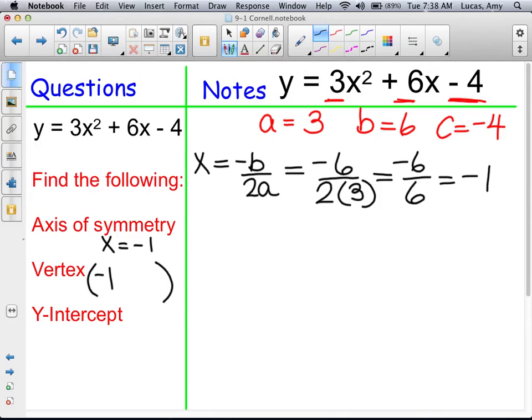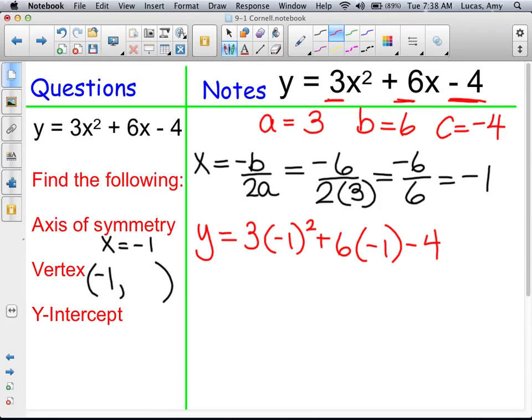That is also the x value of the vertex, because the vertex lies on your axis of symmetry. To find the rest of my vertex, I plug in negative 1 where the x's are in the original quadratic. Then I use the order of operations to solve. Negative 1 squared is positive 1.